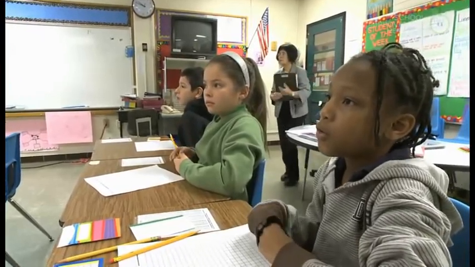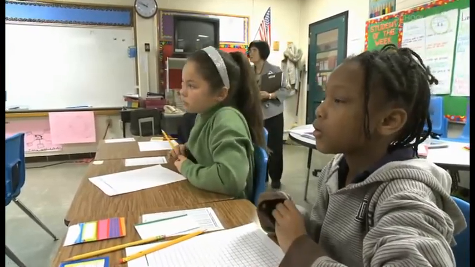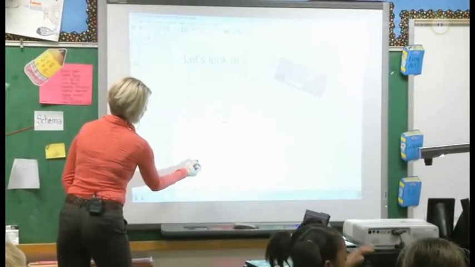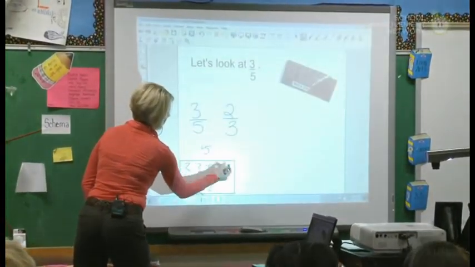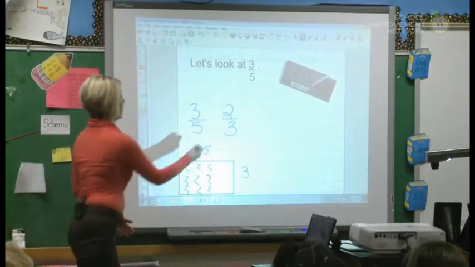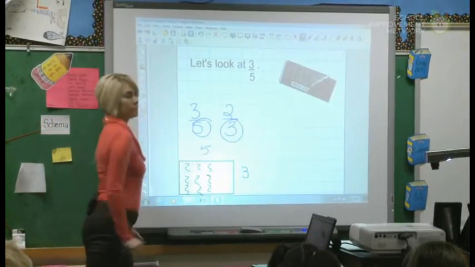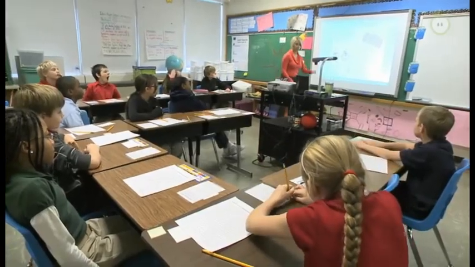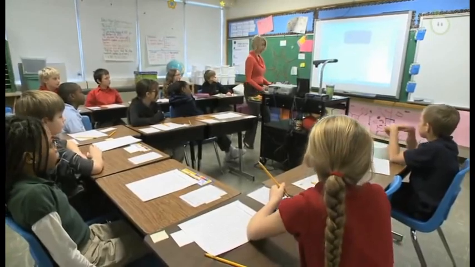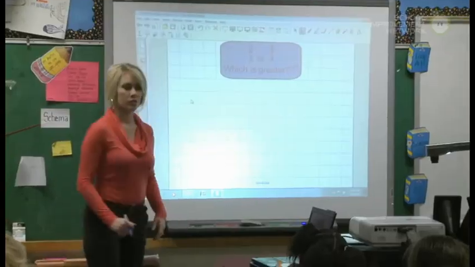From your denominators? You're exactly right. Okay, so I have a 1, 2, 3, 4, 5 by 1, 2, 3 array. Where did those come from? My denominators. Okay, so now that we have that, let's go back and look at 2/3 or 3/4.